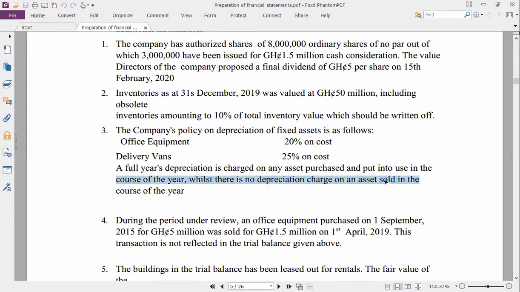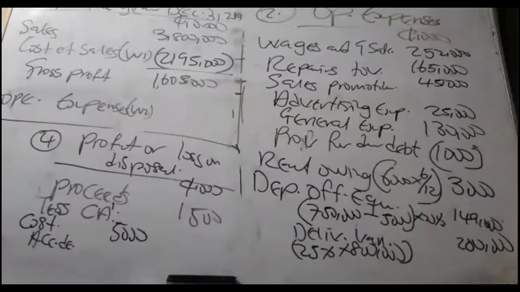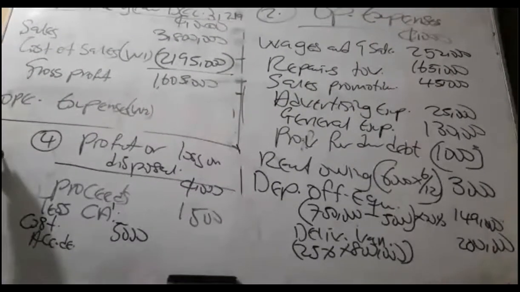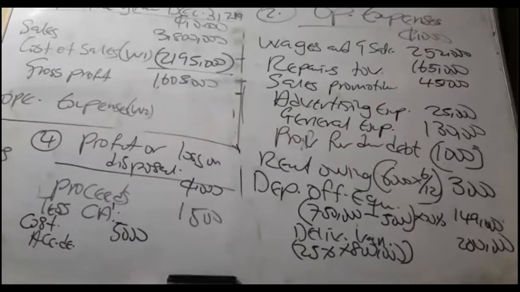When the assets are sold, we don't calculate depreciation, according to the footnote. So let's do the counting together. 2015 will be 1, 16, 17, and 18. 19 will not be part.